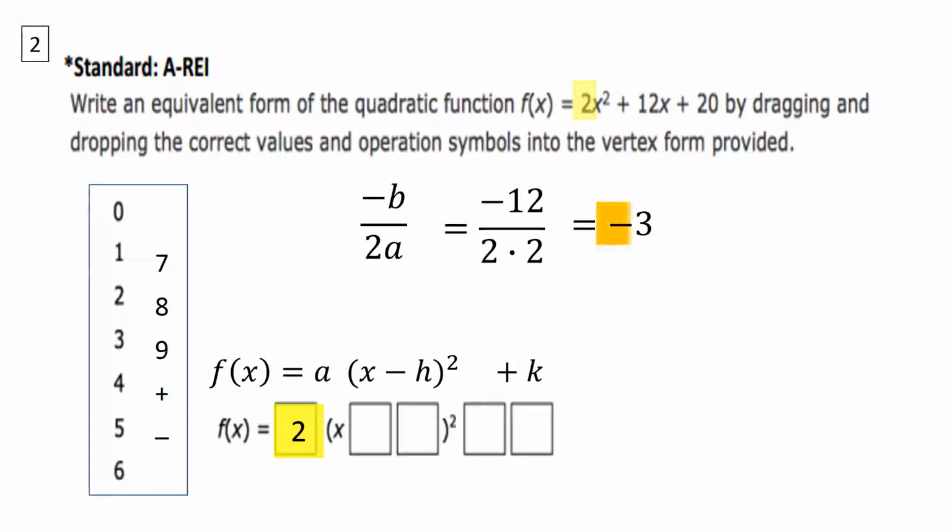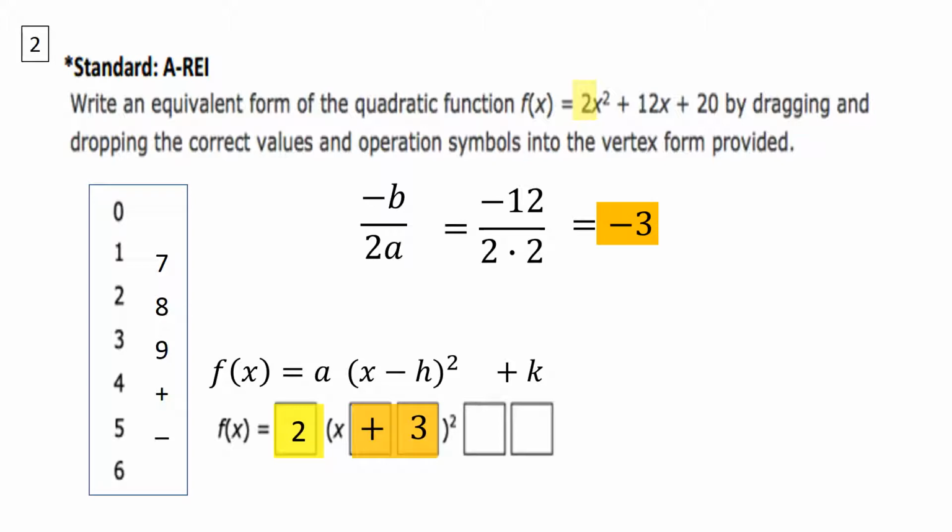Now, negative 3 is the x-coordinate of my vertex for this parabola, but it is not exactly what I put in here. Because think about it, it's with an x in parentheses like that, and x's lie. So that's actually going to say x plus 3. Remember that. X's lie. I think I've said that about 50 times over the course of review.